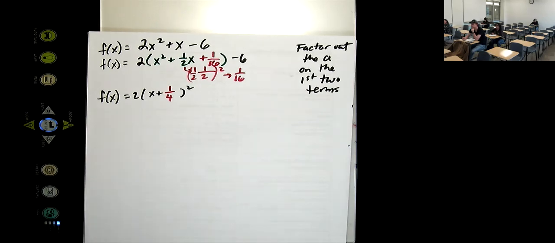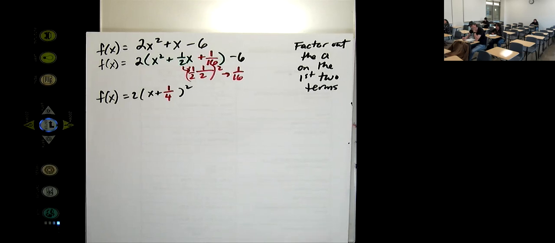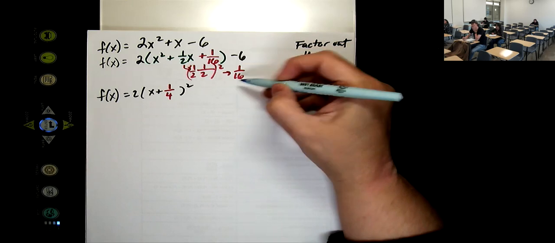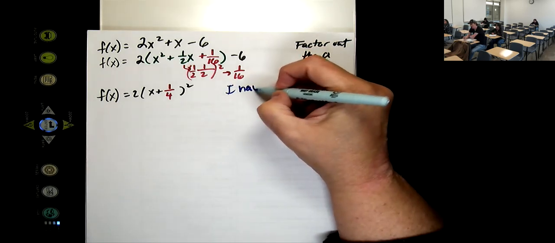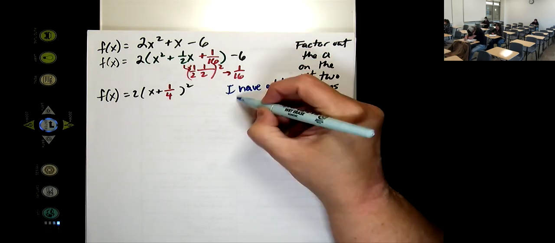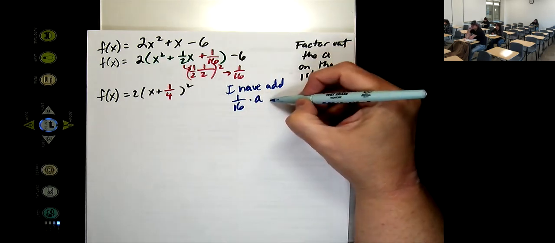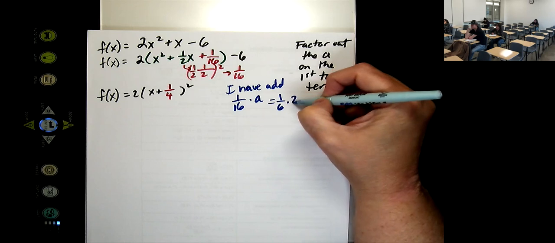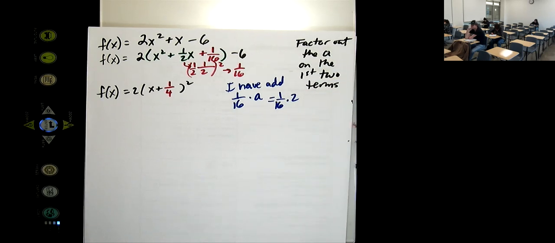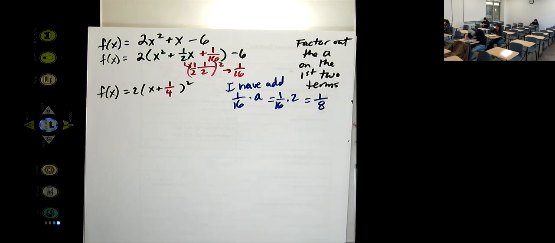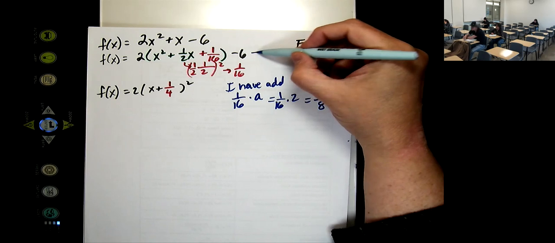Now, when we did it in the last one, we subtracted 1/16. But on the right-hand side, I have not just added 1/16. I have added 1/16 times that A. 1/16 times 2, which is really 1/8. So since I've added 1/8, I have to subtract 1/8.